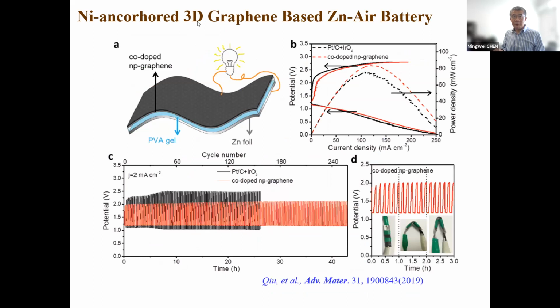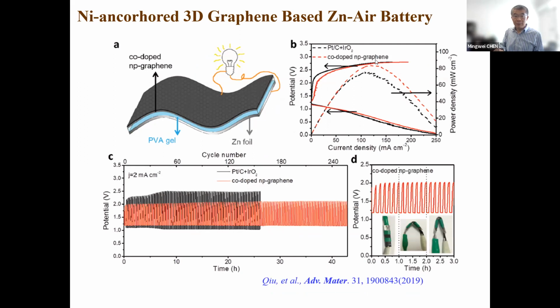This is one example: we use this single atom anchored 3D graphene with chemical doping for zinc-air battery measurement. In this battery we use this material as the cathode.